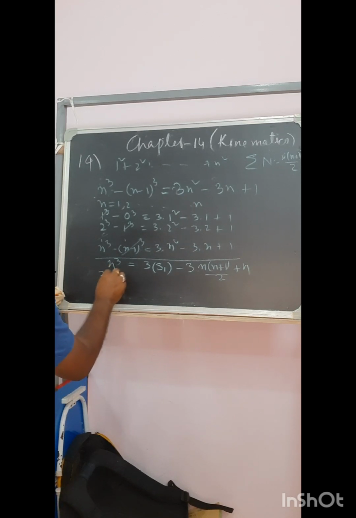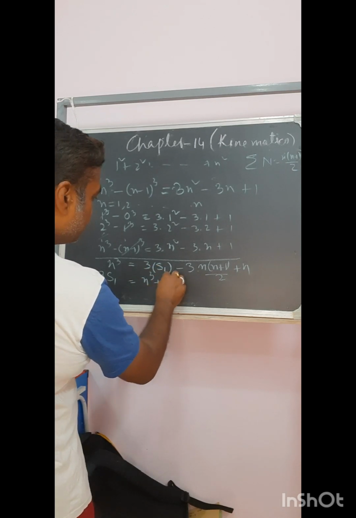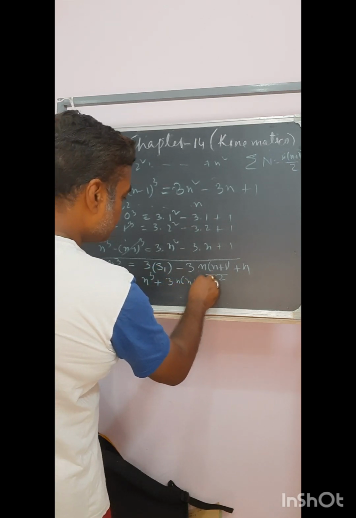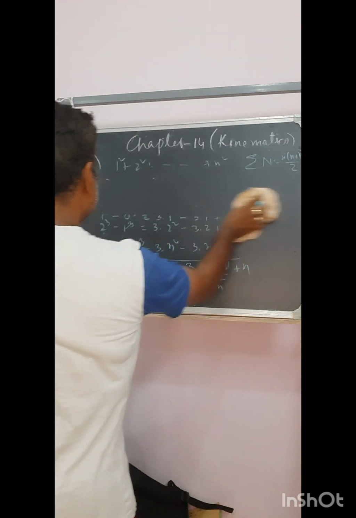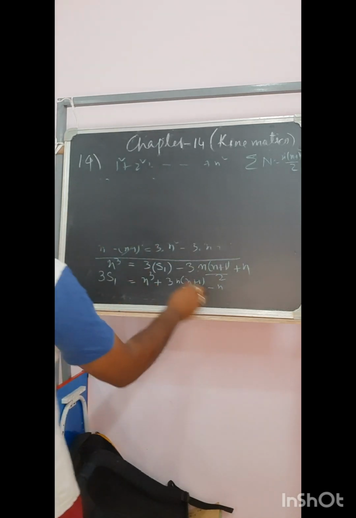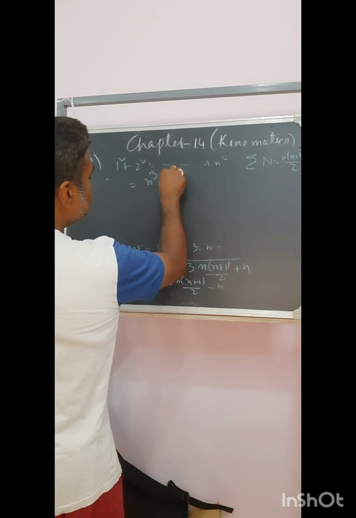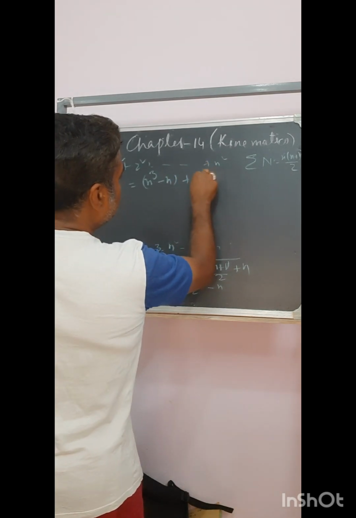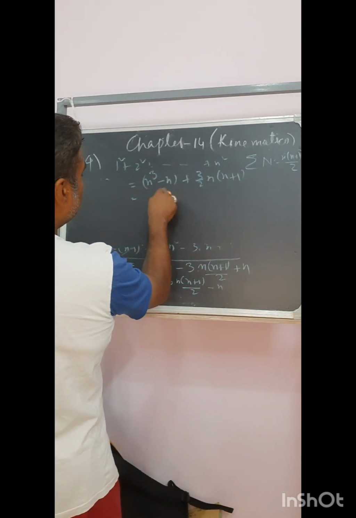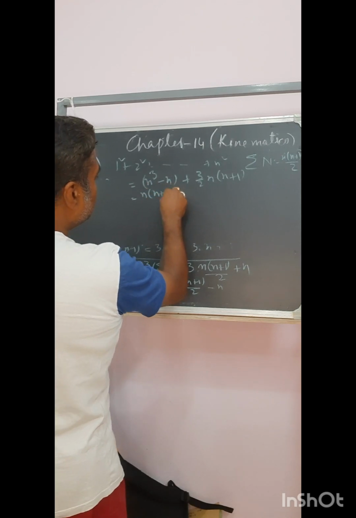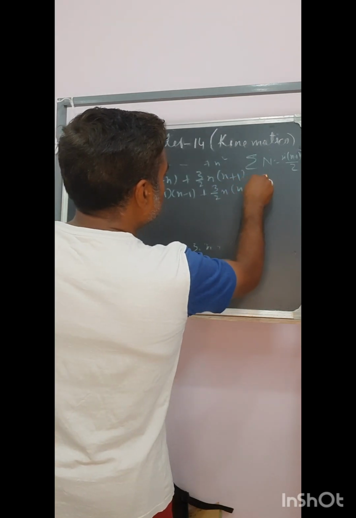So now we take that 3S1 on one side, the other term on another side. So it will become 3 into n into n plus 1 by 2 minus n. So I put this term together: n cube minus n on one side plus 3 by 2 n into n plus 1. Now if I take n common, it will become n into n plus 1 into n minus 1 plus 3 by 2 n into n plus 1.